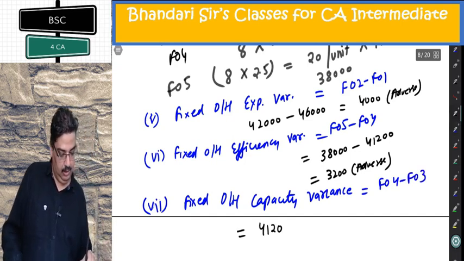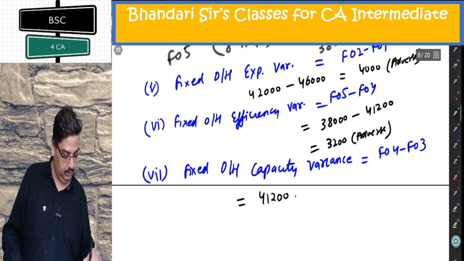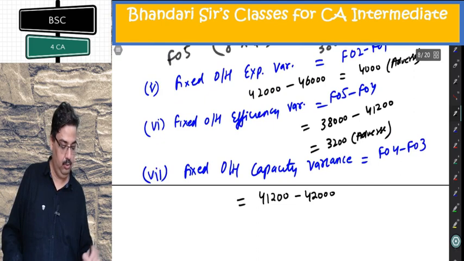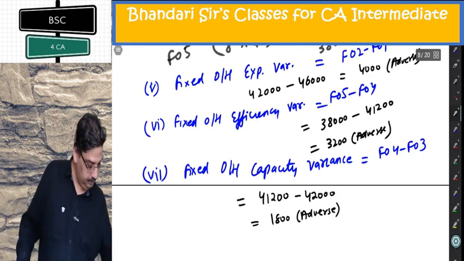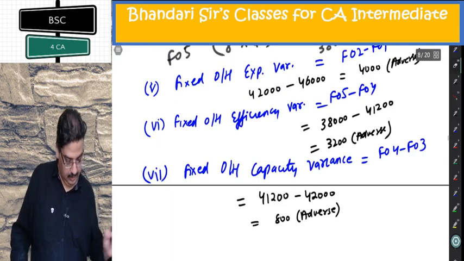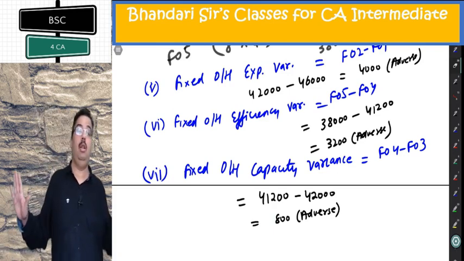FO4 41,200. FO3 we computed 42,000. It was same as FO2, 42,000. 800 adverse. They are complete, all the questions.